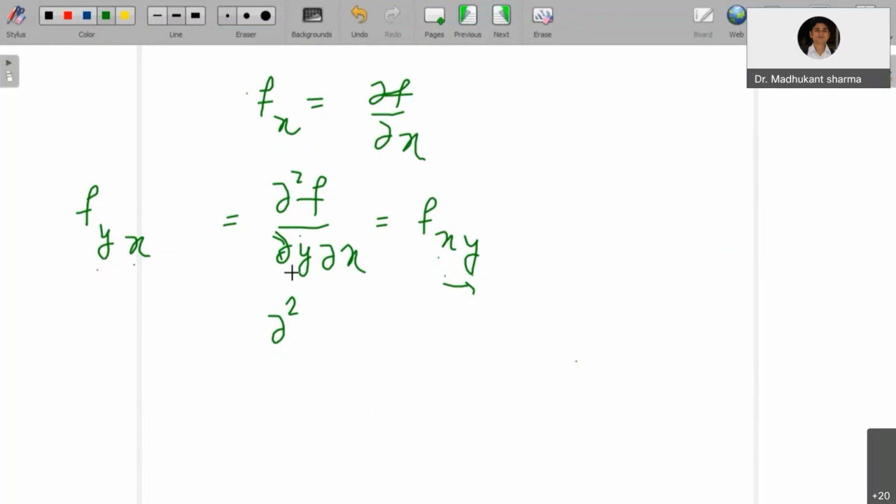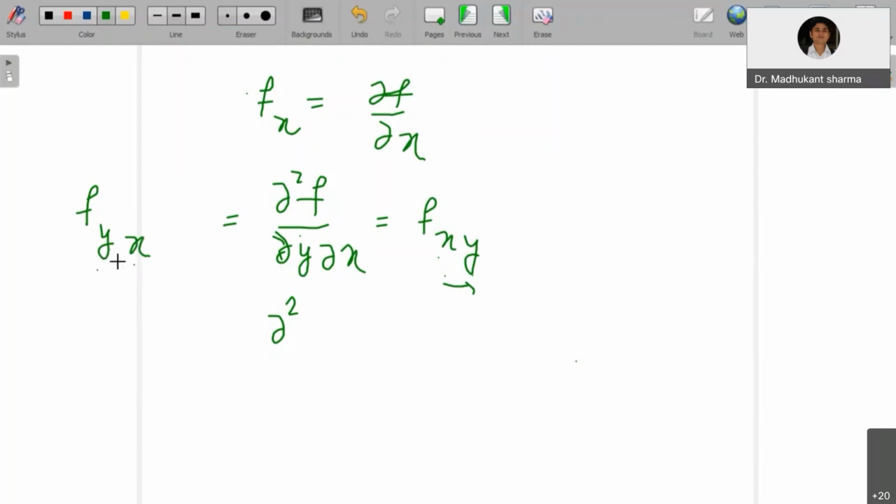Okay, first with respect to x, then with respect to y. But see, why it is immaterial is because for many several variable functions, the mixed derivative theorem is applicable.